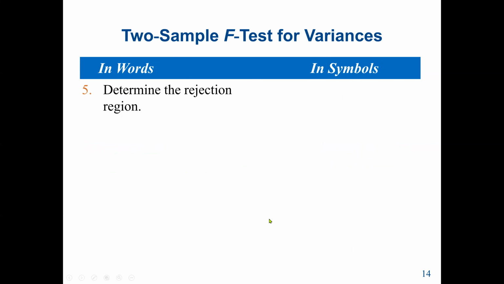If we know the critical value, then we can determine the rejection region, because the critical value separates the rejection and acceptance regions. Then we calculate the test statistic. The F value that we get will fall in either the rejection region or the acceptance region, so we reject H0 or fail to reject H0.